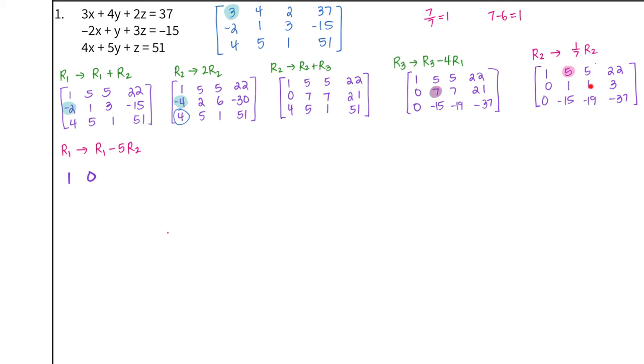Same thing here. 1 times 5 is 5. 5 minus 5 is 0. And then last part, 3 times 5 is 15. 22 minus 15 gives us 7. And the other two rows will stay the same since we're not changing them in this step.